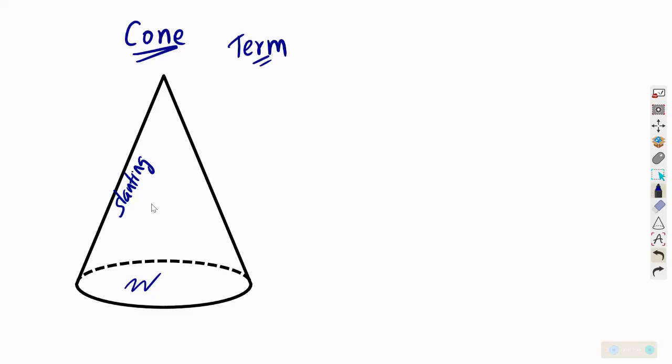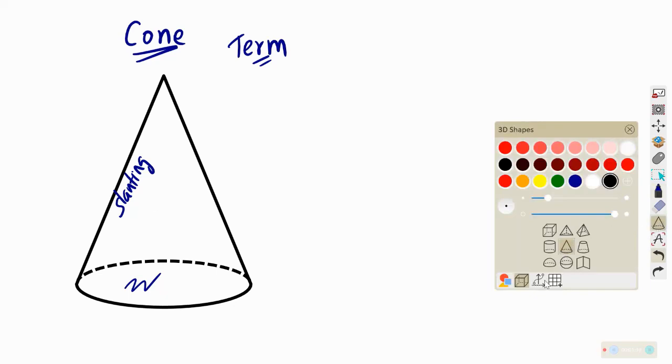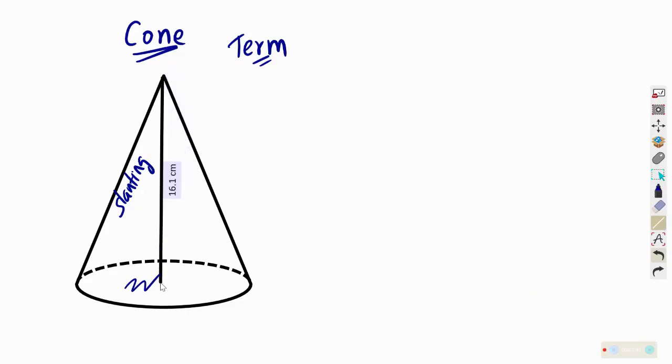If you are thinking about the height of a cone, then you should think about this particular distance from here to here, correct? This can be the height of a cone. I can simply write this as height of a cone, h.